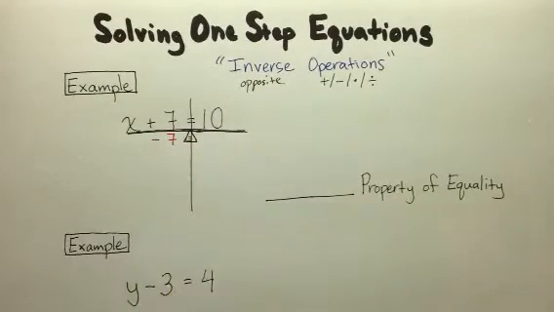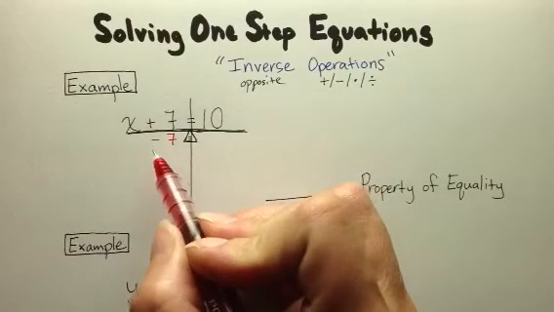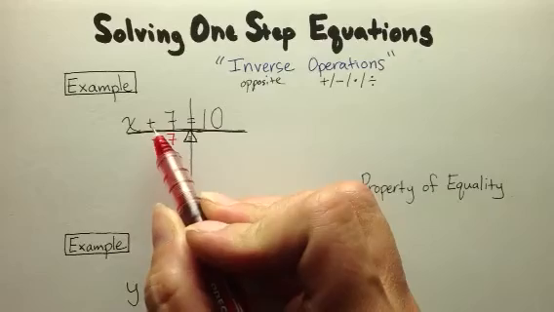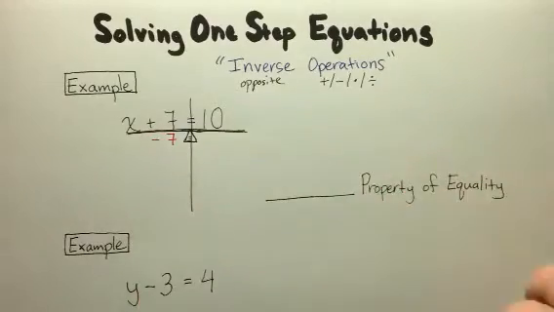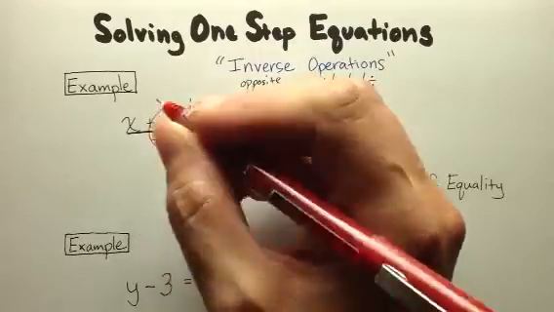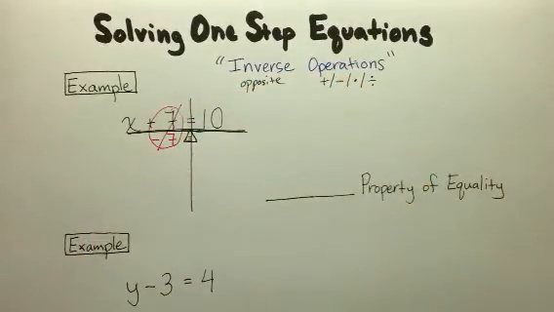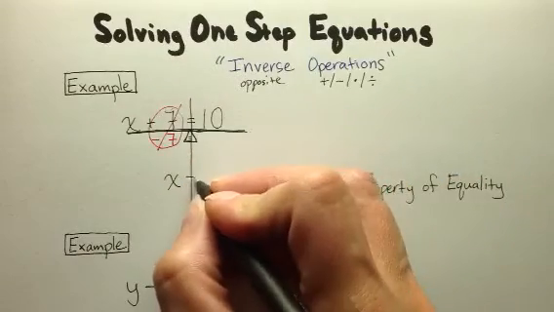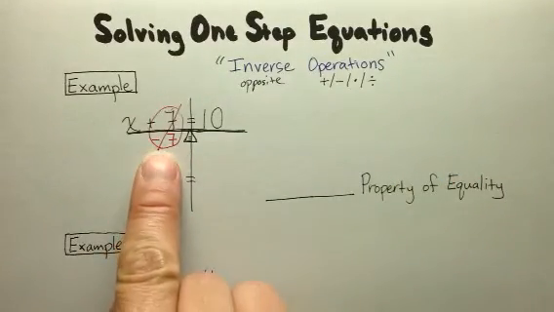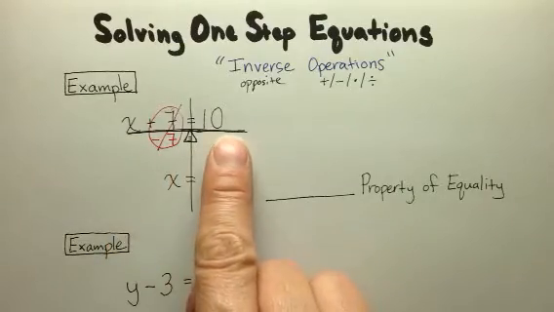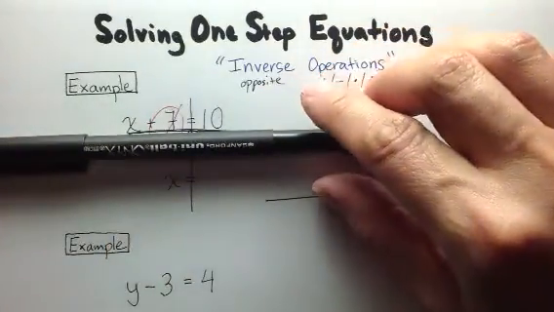So what we said here is that if I take a number and I add the opposite, so 7 minus 7, or 7 plus negative 7 means the same thing, I get 0. And if I take a number x and add 0, that just gives me x. Equals. Now, if I take 7 off the left side, I have to do the same here or else my scale is going to go like this.